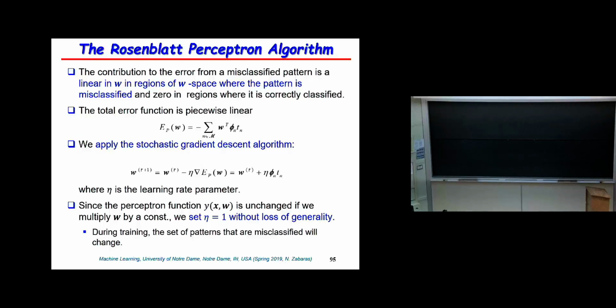And remember, phi n is like xn, but it's a function of xn. I make it even more general. So if a point is in class 1 but is misclassified as class 2, I have to add phi n. Similarly, if a point is in class 2 but the model predicts class 1, I have to subtract phi n.